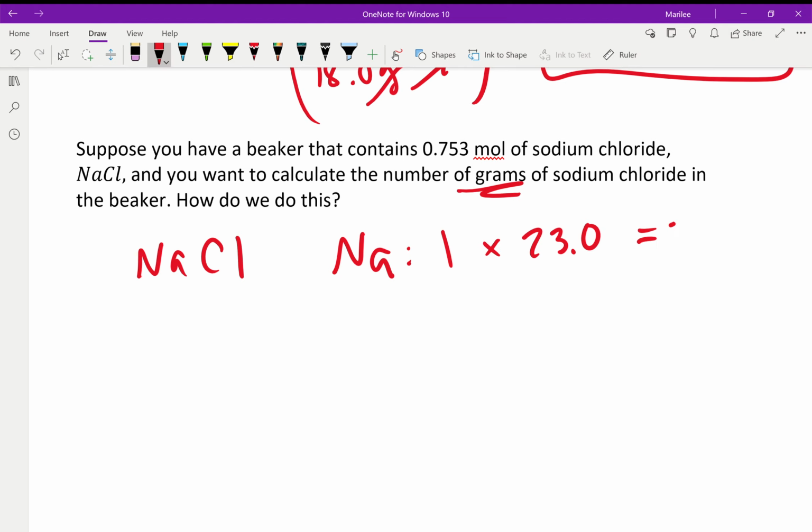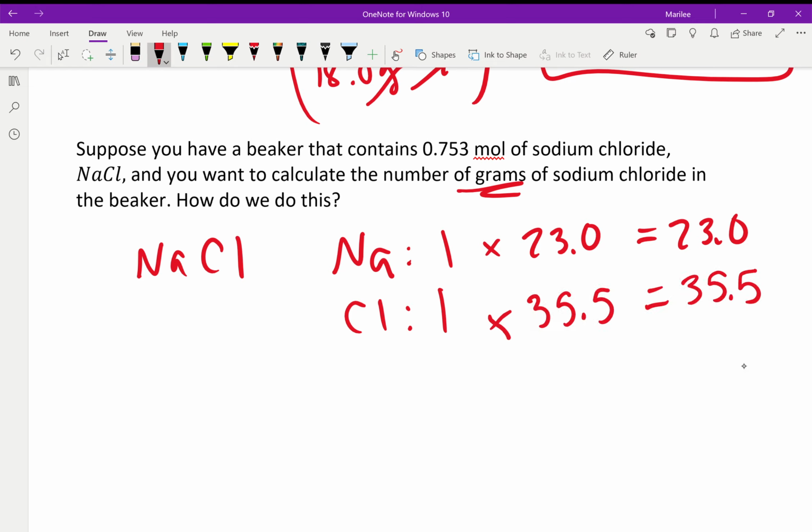So that'll be 23.0, and then for chlorine we have 1 times 35.5, that'll give us 35.5. We have to add these, and that'll give us 58.5 grams of NaCl per 1 mole of NaCl.